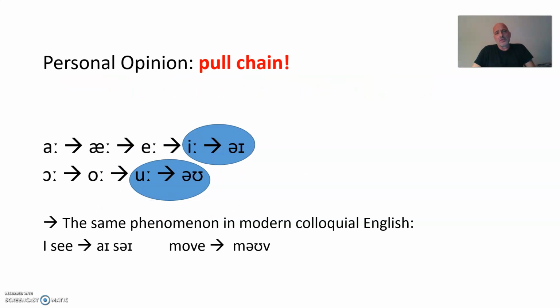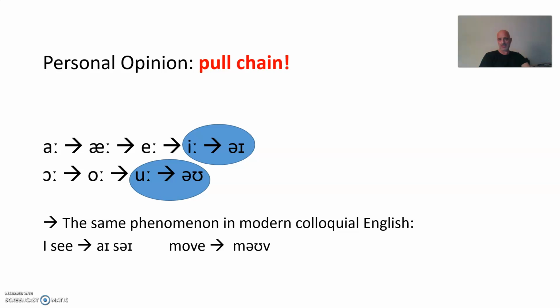I think the most likely thing is that it's a pull chain, in that the extreme vowels, the high ones, were diphthongized, and then the others filled in. I think so because there is a simplification. The only real simplification in the system is the diphthongization, and believe me, the high vowel is more difficult to pronounce than the diphthong, which you just slip into.